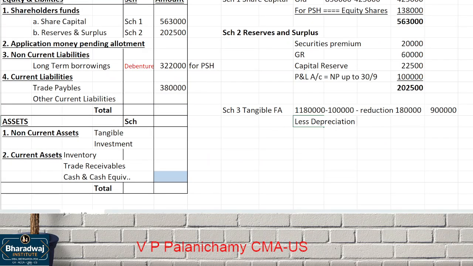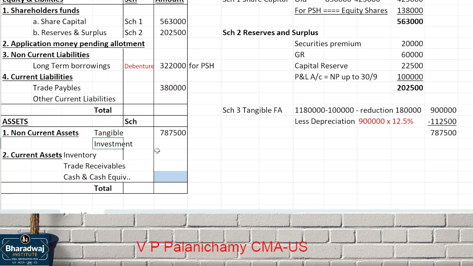So it is for 6 months, so 9 lakhs into 12.5%. So the balance will be 7,87,500.